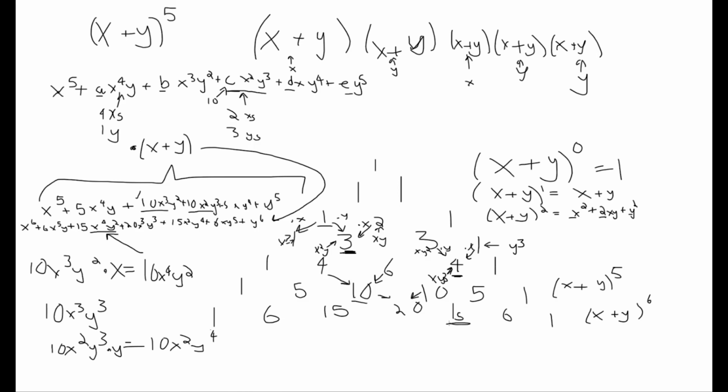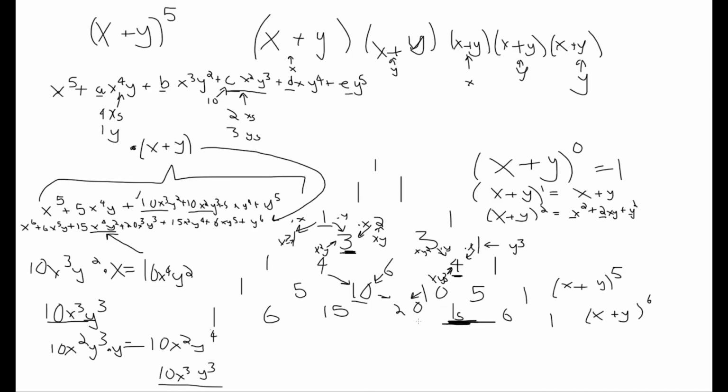And its coefficient is represented over here. So 15 are produced in total, but 10 of them are from this number over here. What happens when it's multiplied by x? Well, we get 10x cubed y cubed, so it is also going to produce 10x cubed y cubed, like the number beside it. And if they both produce the same x cubed y cubed, then you combine them.